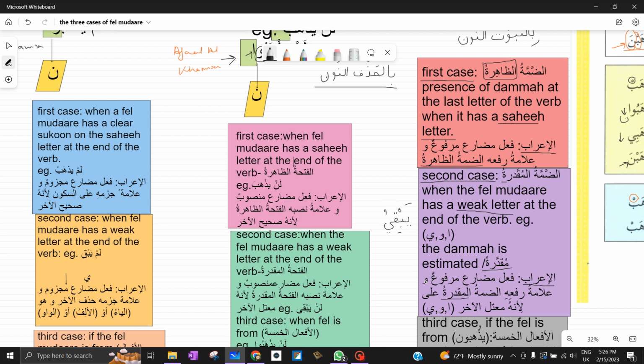It is above the ya, so you will say alal ya'i, because harf jar is there. Alal ya'i and li'annahu mu'tal al-akhir. You have to mention this. This is from the weak letter.